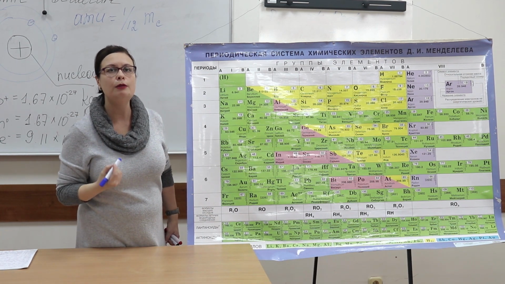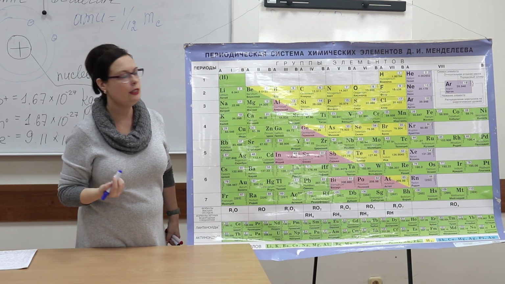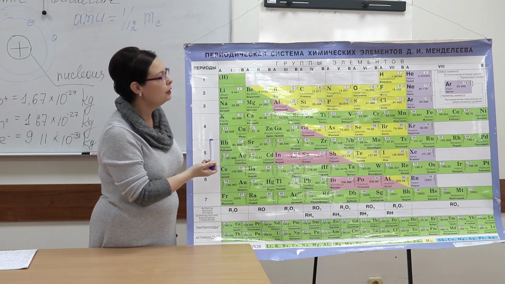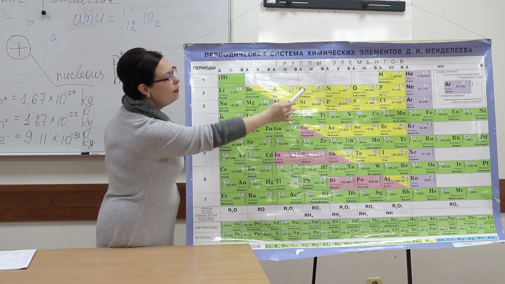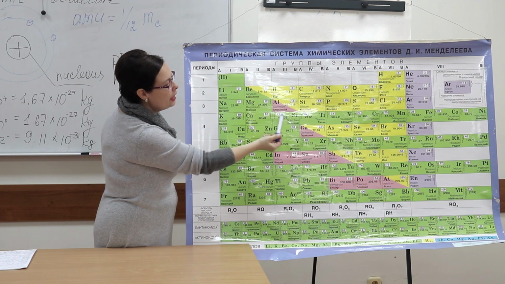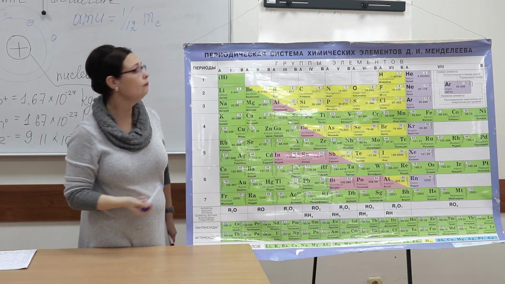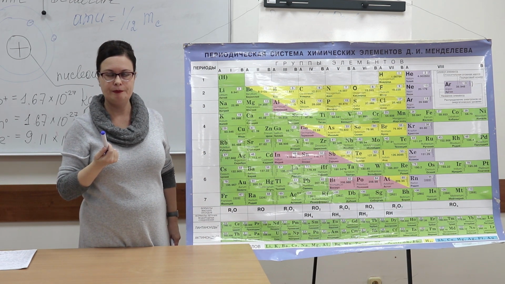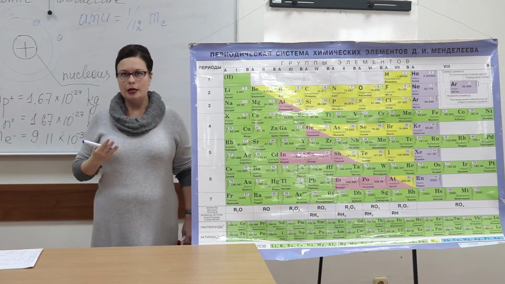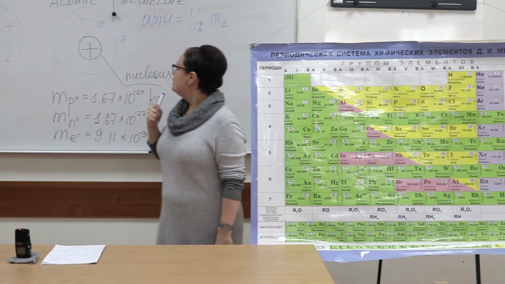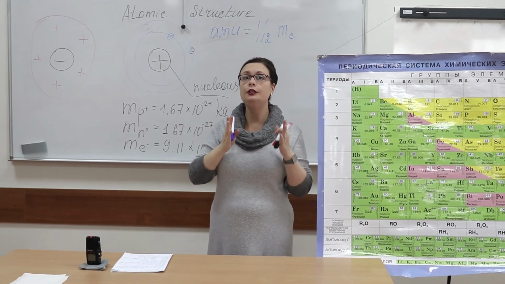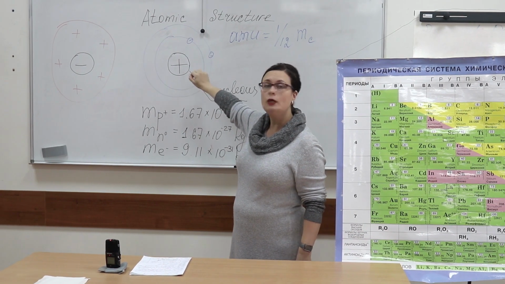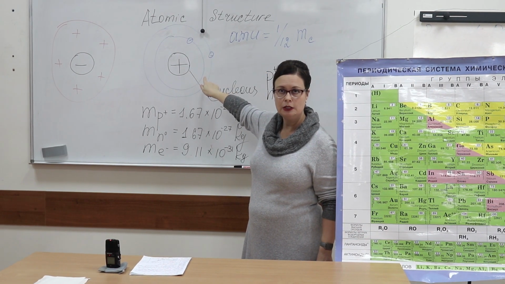How can we know the number of protons in the nucleus? It's easy. Just look at the periodic number of the element in the periodic table. Hydrogen 1, carbon 6, for example, scandium 21. The periodic number shows the number of protons. At the same time, as all atoms are neutral, the number of protons is equal to the number of electrons.